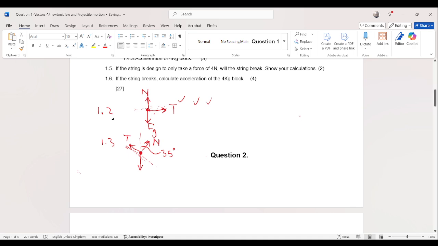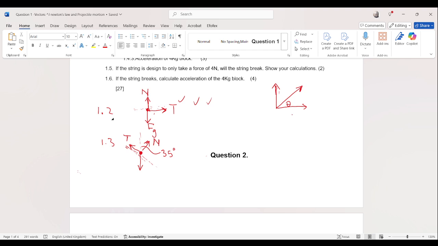I'm going to emphasize this: whenever you have a tilted force, I do not want to see a tilted force. Whenever you have a force which is acting at an angle, you always have to break it down into components, please.